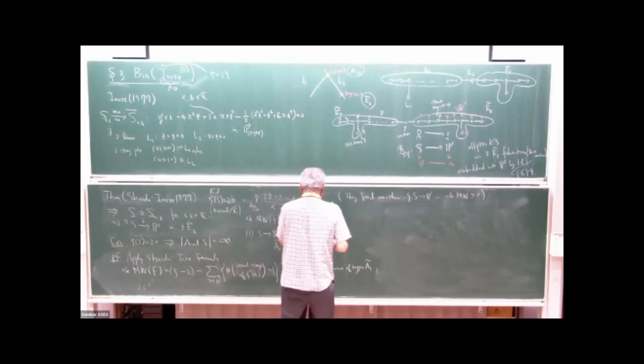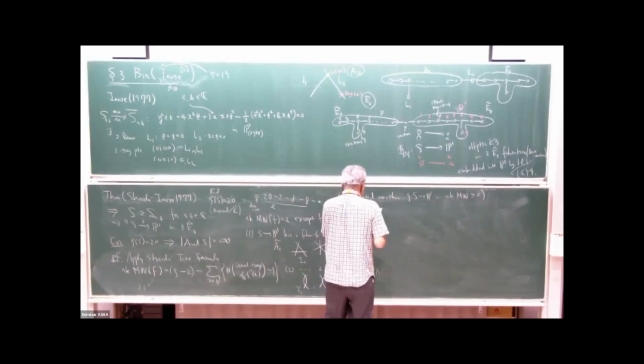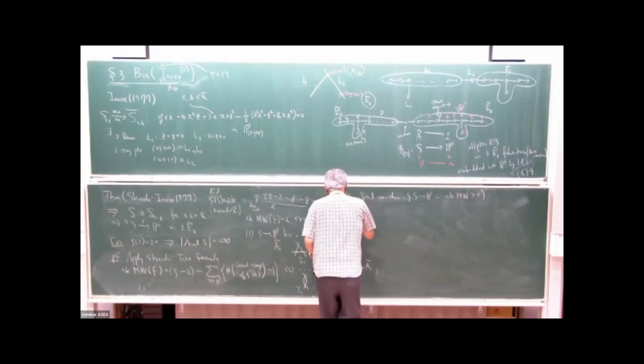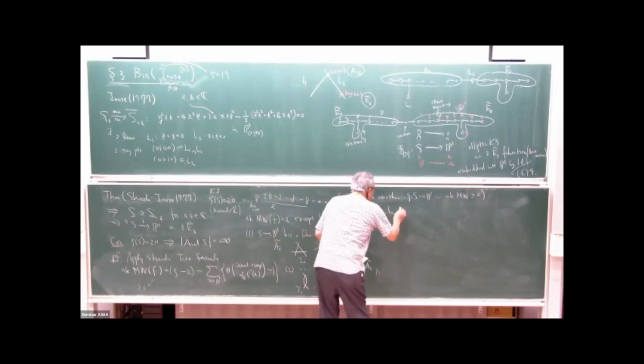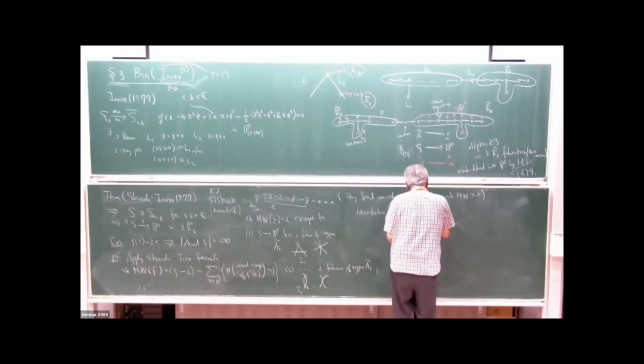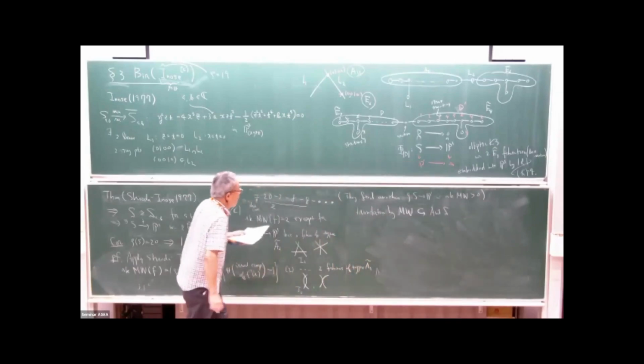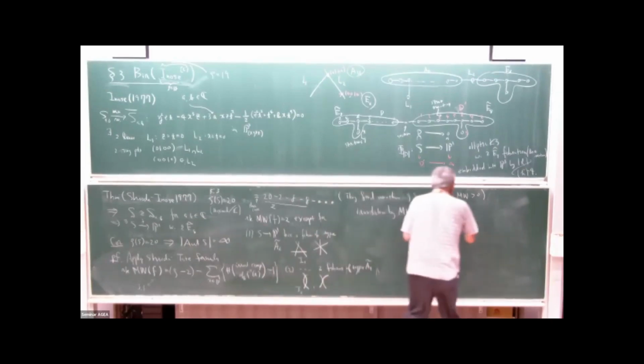So in any case, translation by Mordell-Weil group is a subgroup of the automorphism group of the K3 surface. And so this is infinite.